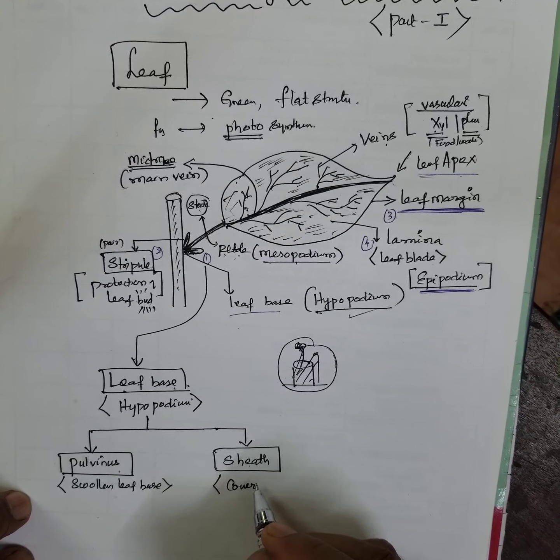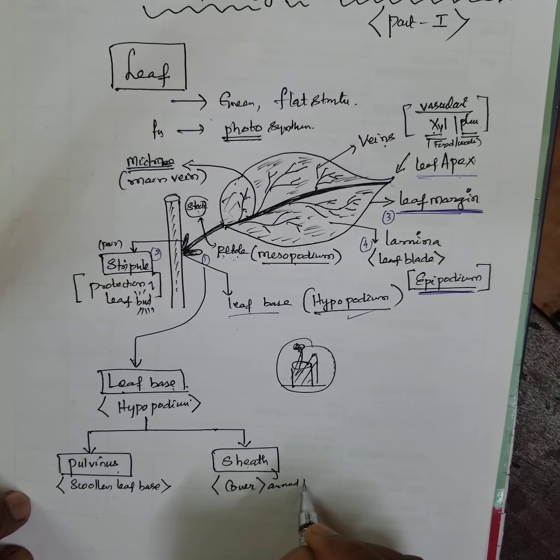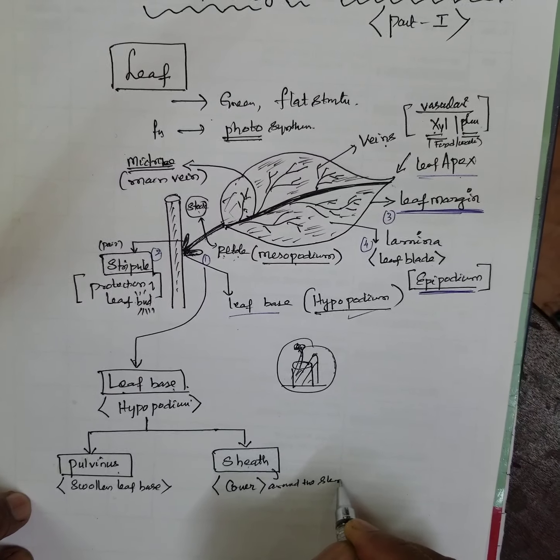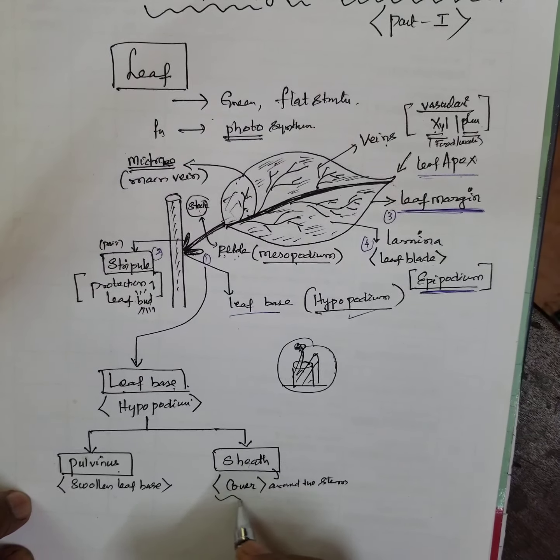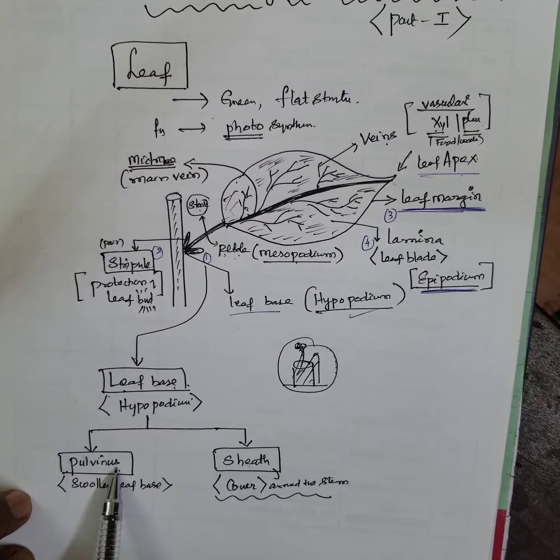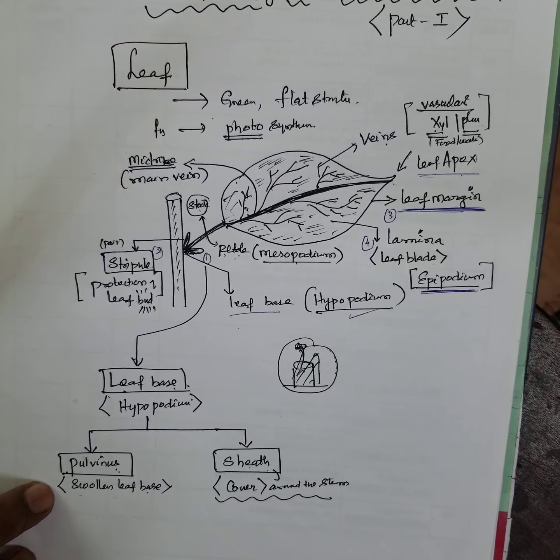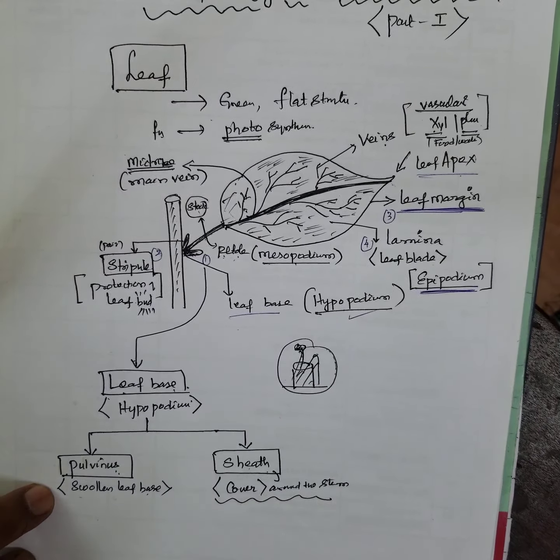Actually, the sheath is around the stem, that is important. There are two types of modification of leaf base. Pulvinus is the swollen leaf base, and sheath covers the stem.